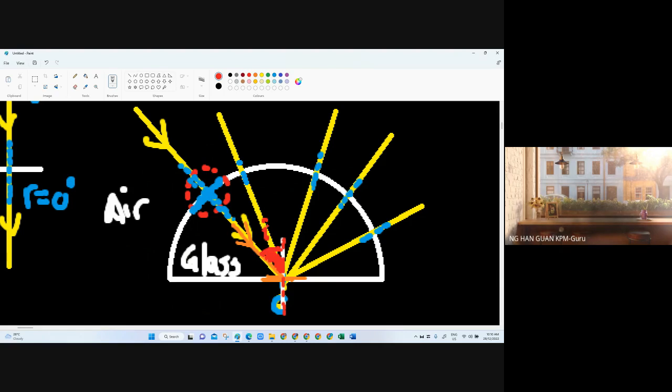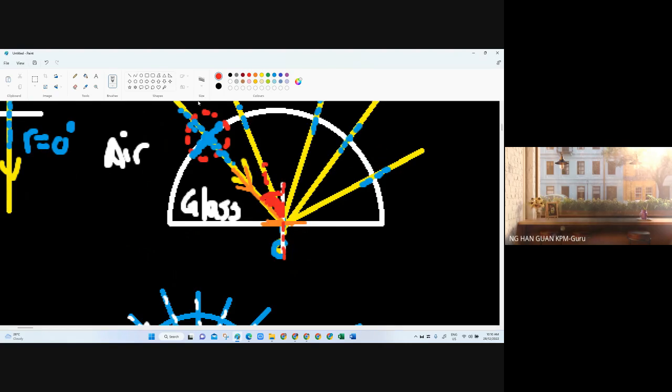So that's why it's showing the light traveling from the optically denser towards the optically less dense medium. When it comes out to the optically less dense medium, it will be bent away, so the refracted angle is bigger.